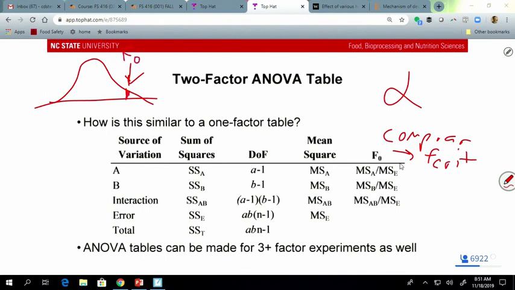Is it right here? And then we're just going to look up out of the table where the critical value is. Remember, if it's over here, we're going to reject the null hypothesis. If it's over here, then we're not as extreme as the critical value, so we're going to accept the null hypothesis. Everyone with me? That should be a little bit of review, but a little repetition never hurt anybody.